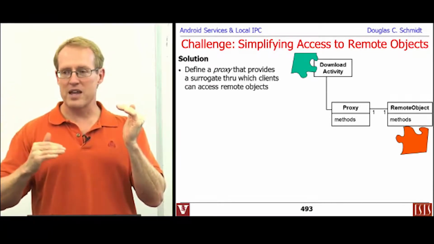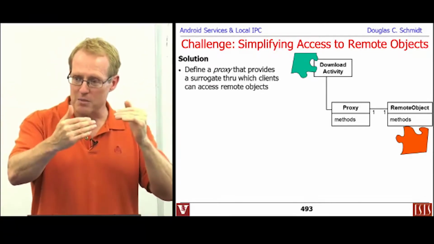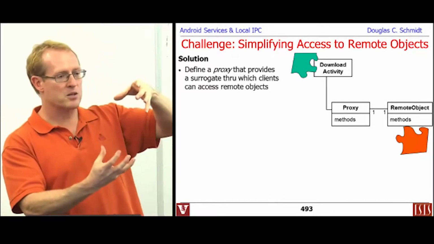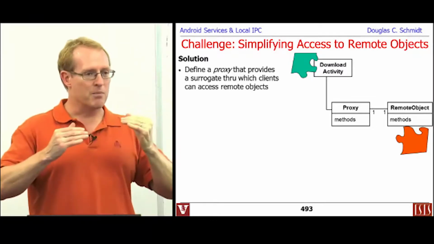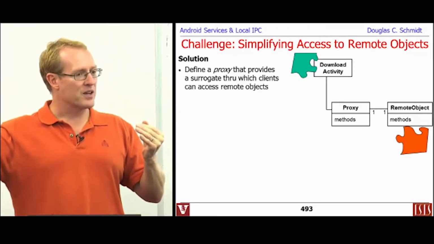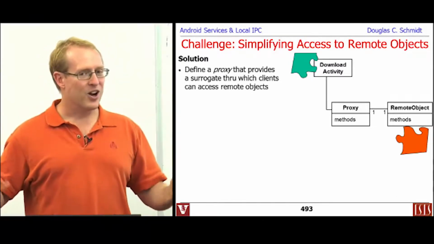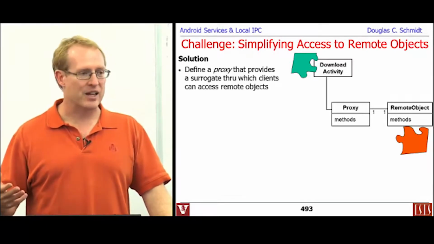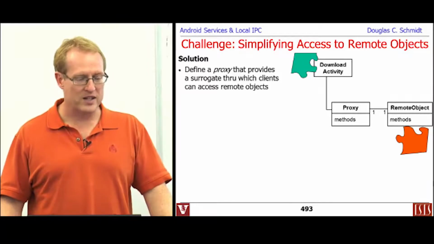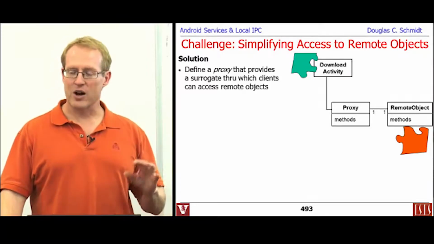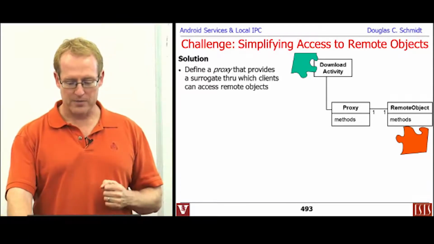And that someplace else could be in a different address space on the same machine. It might be in the operating system kernel being accessed by an application running in user level. It might be another process on another machine. We don't really know. We don't really care. All we know is that the proxy is allowing us to abstract and encapsulate the details of where things actually reside. And that'll allow us a lot more flexibility to move things around.